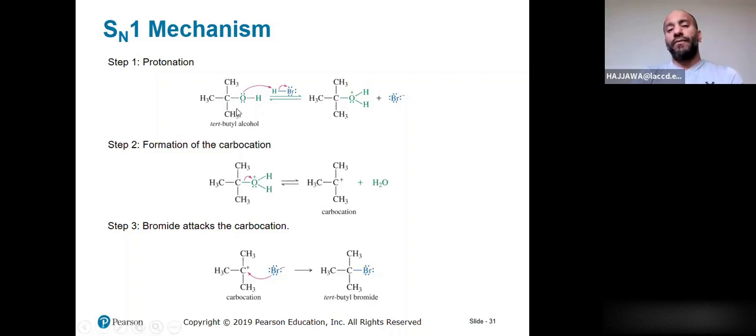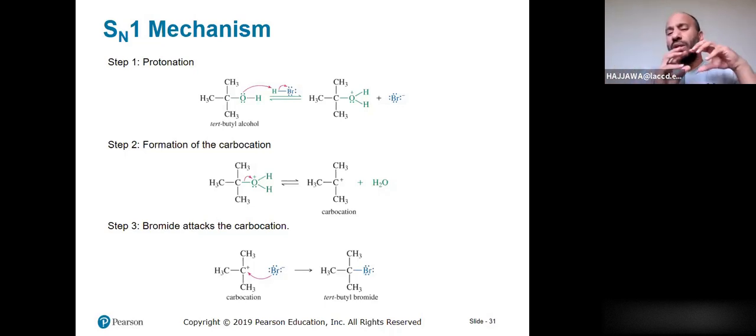So the first arrow pushing will go from the oxygen toward the H, kicking off Br as a Br minus. So you end up making the oxonium ion, which is the activated alcohol structure. When we say activated, that means we have a good leaving group now. What's going to happen? Well, because it's a tertiary carbon, it prefers to have a carbocation rather than be attacked by a nucleophile.